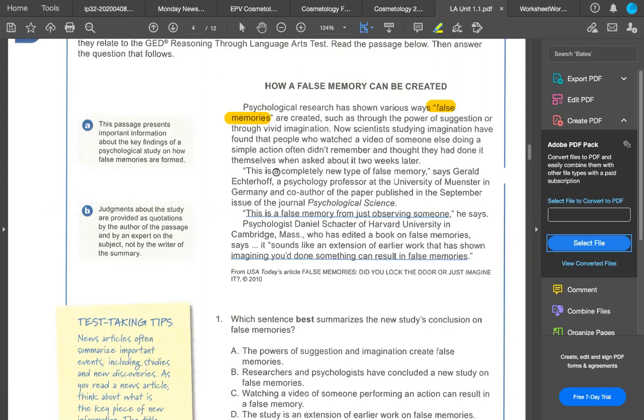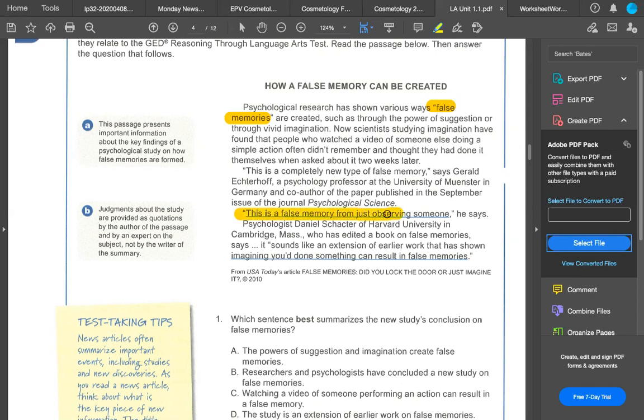This is a completely new type of false memory, says Gerald Echterhoff, a psychology professor at the University of Münster in Germany, and co-author of the paper published in September in the journal Psychological Science.